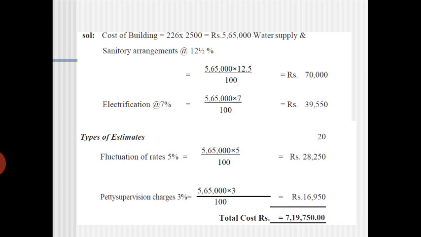For electrification it is 7%. So 7% of 5,65,000 is 39,550, and the fluctuation rates it is 5%.